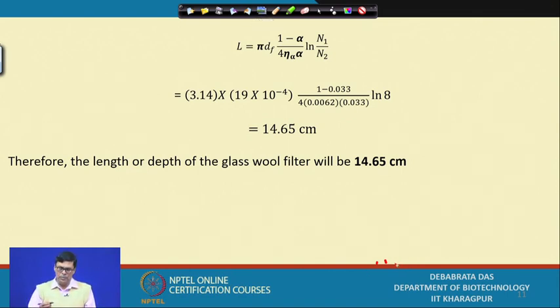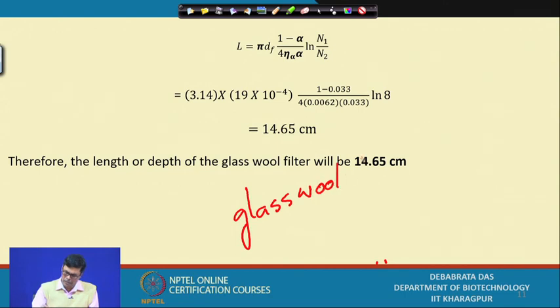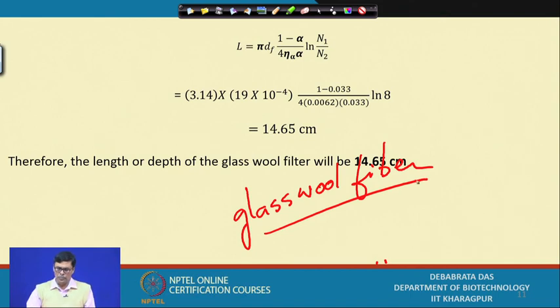Another issue I want to take into consideration is that in industry we use glass wool fiber. But we know the glass wool fiber is very costly as compared to cotton or jute fiber.